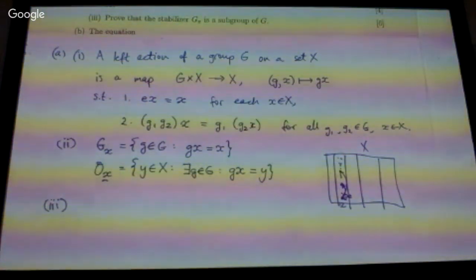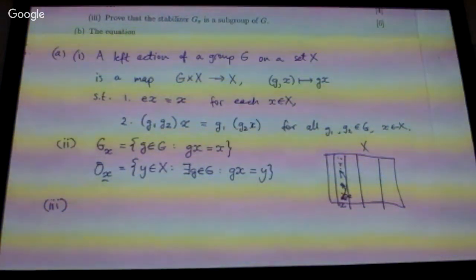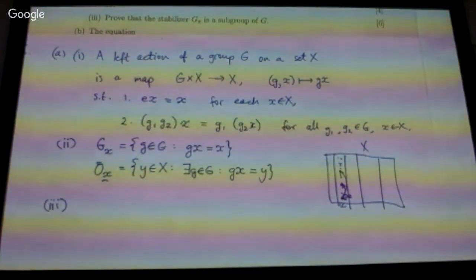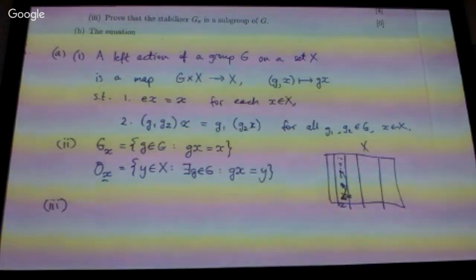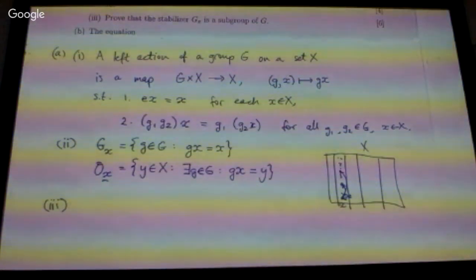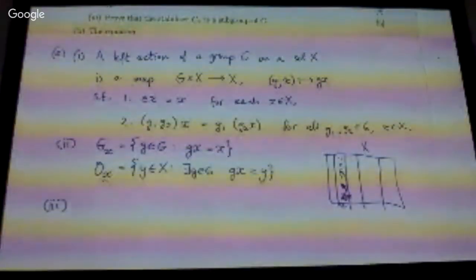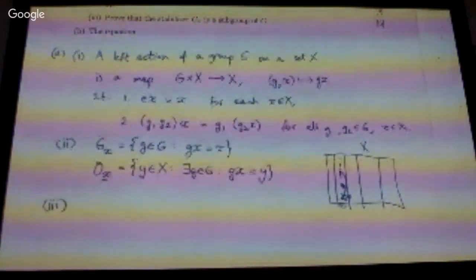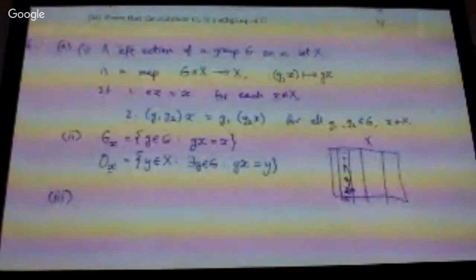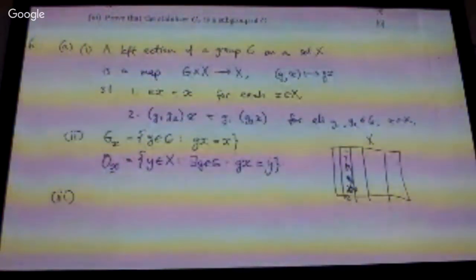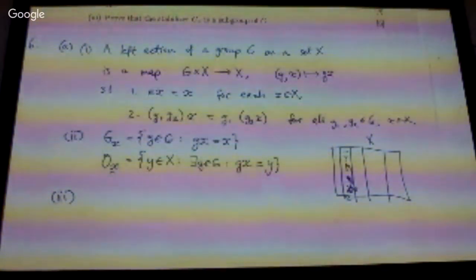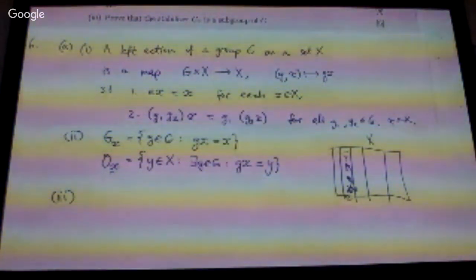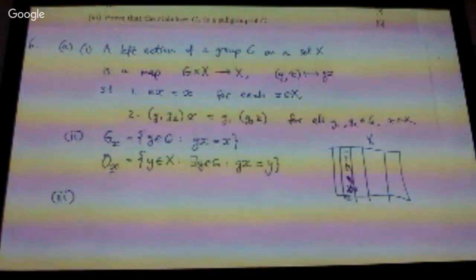There was something which needed a lemma, something about inverses, that was kind of tight-lined and missing, but I can't remember what it was. So if you want to prove that the stabilizer is a subgroup, you can pick your favorite criterion of subgroupality.